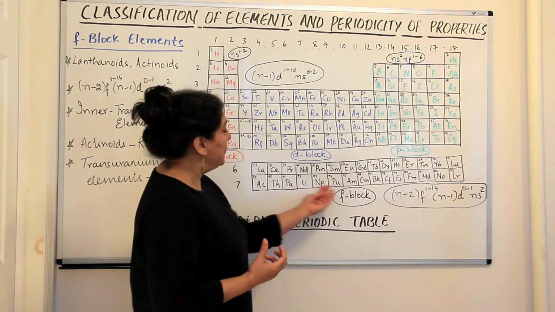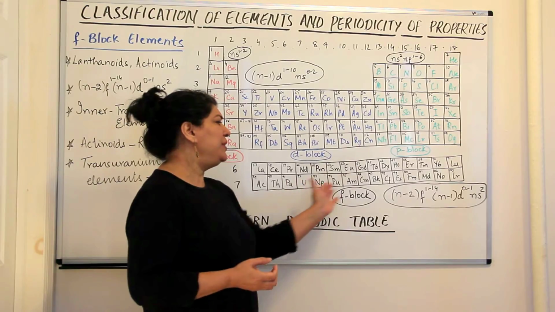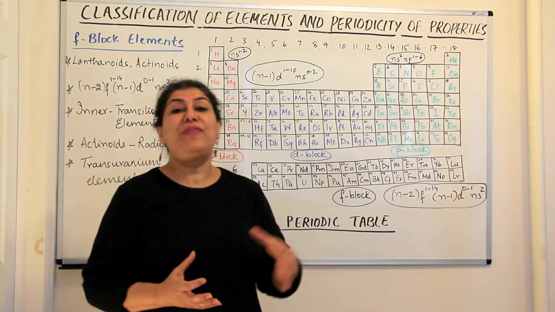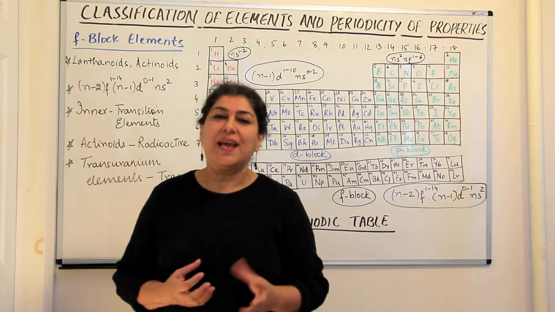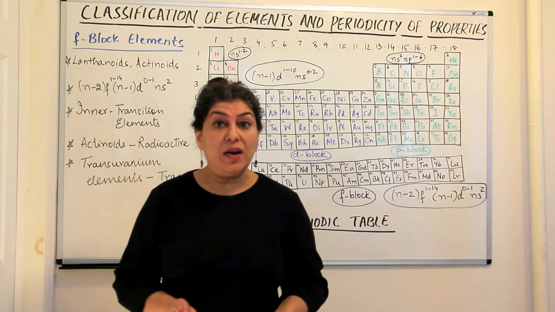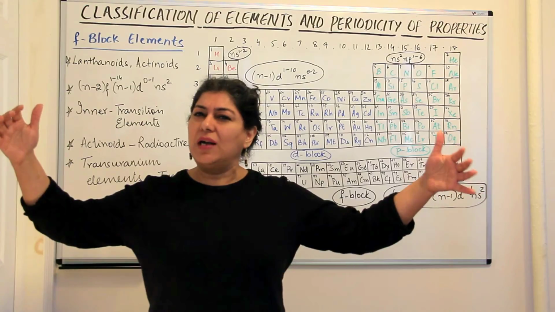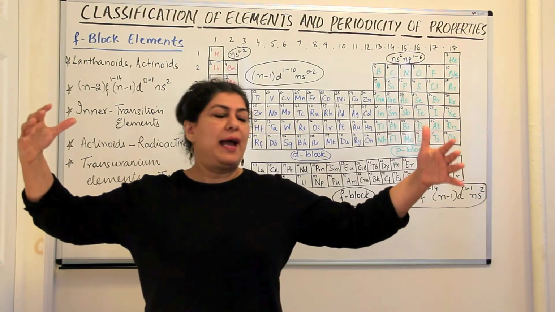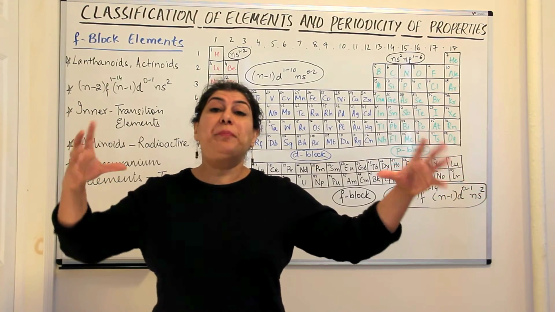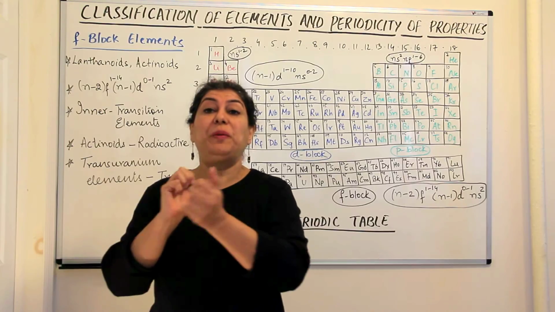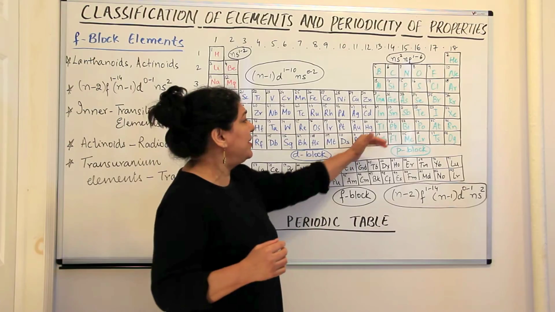Elements after uranium are usually called transuranium elements. Many of these have either been found in traces or have been prepared in the laboratory in very minute quantities, and they are not stable enough. You can imagine, when you have extremely large shells and the 7 f orbitals with 14 electrons, the amount of repulsion the electrons experience with each other, if you have 94, 95, 96, 100, 112, 130.